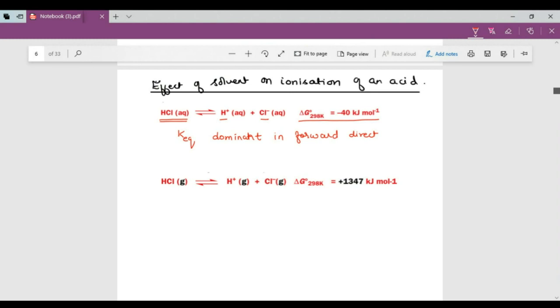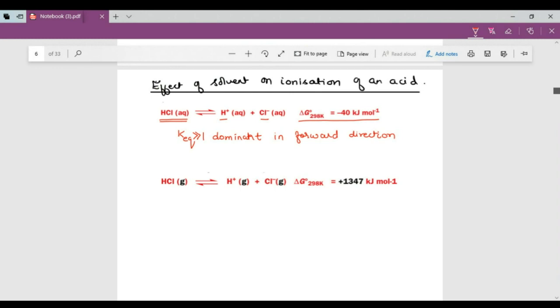K equilibrium will be much greater than 1. This reaction is going to be dominant in the forward direction, because you can see the free energy change of this reaction under aqueous conditions is minus 40. Negative delta G indicates the spontaneity of this reaction. The more negative it gets, the more spontaneous the reaction gets in that direction.